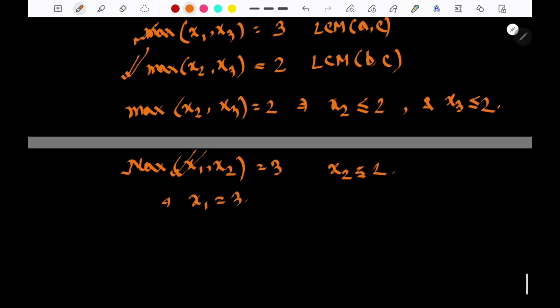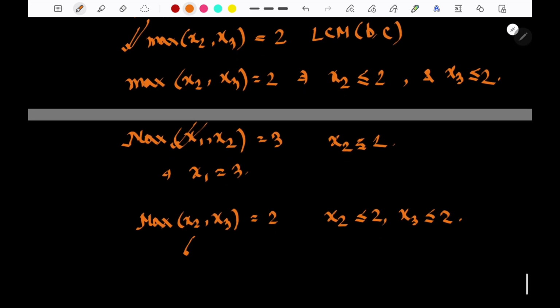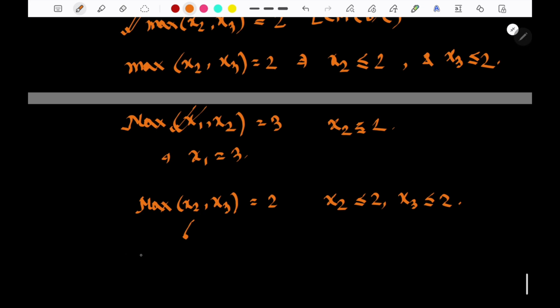Second one is correct. Now check the third one. Maximum of x2, x3 is equal to 2, and we know that x2 is less than or equal to 2, x3 is less than or equal to 2. So what are the case possibilities here? There can be a combination: either 2, 0, or 2, 1, or 2, 2.